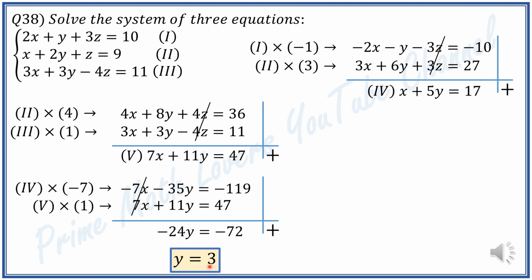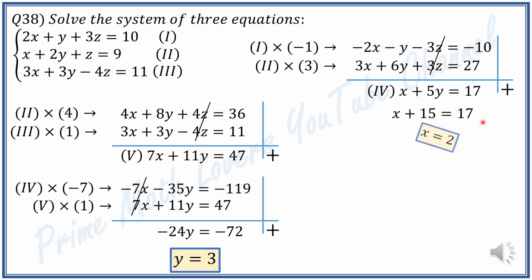Then we substitute y is equal to 3 into one of the equations, say equation 4, and we get x plus 5y is equal to 17, or x plus 5 times 3 is equal to 17. 5 times 3 is 15, so x plus 15 is equal to 17.